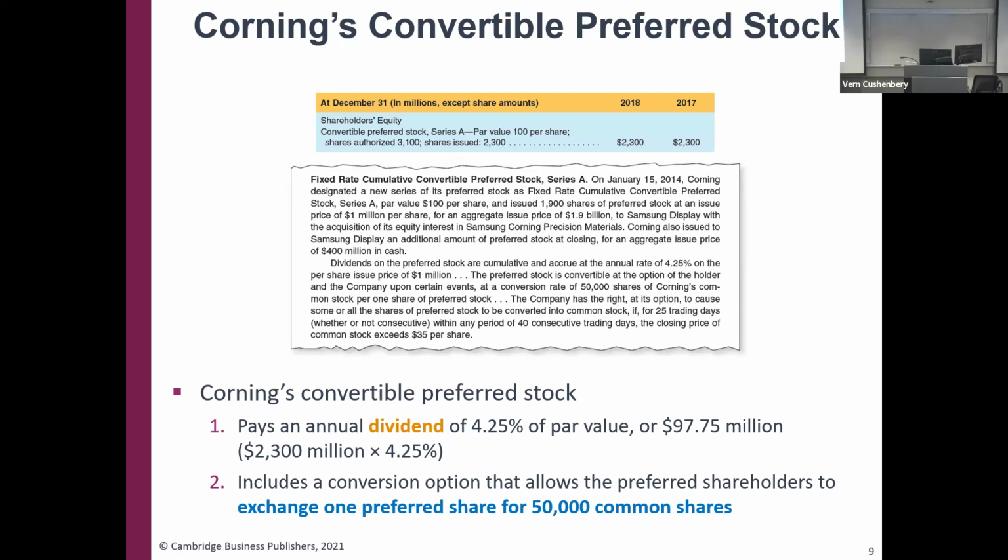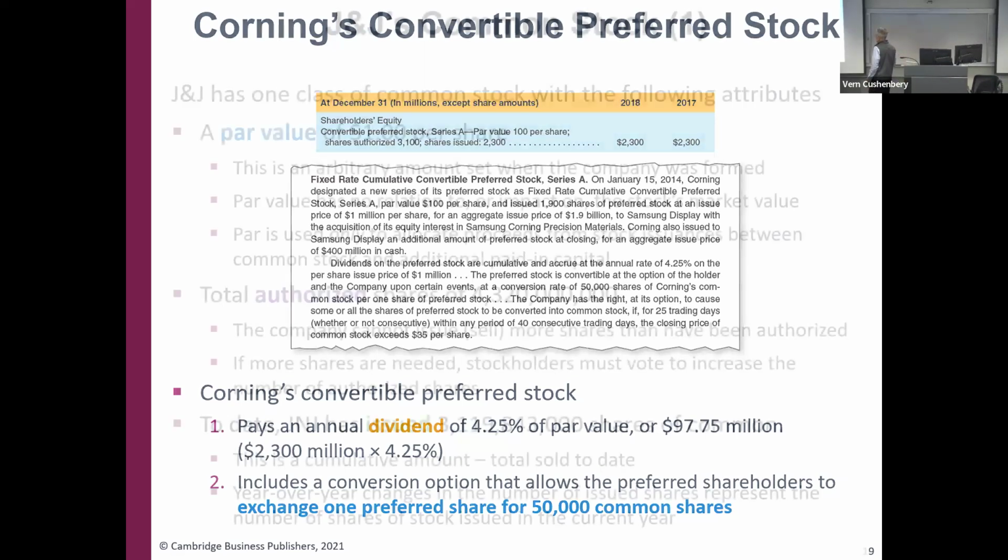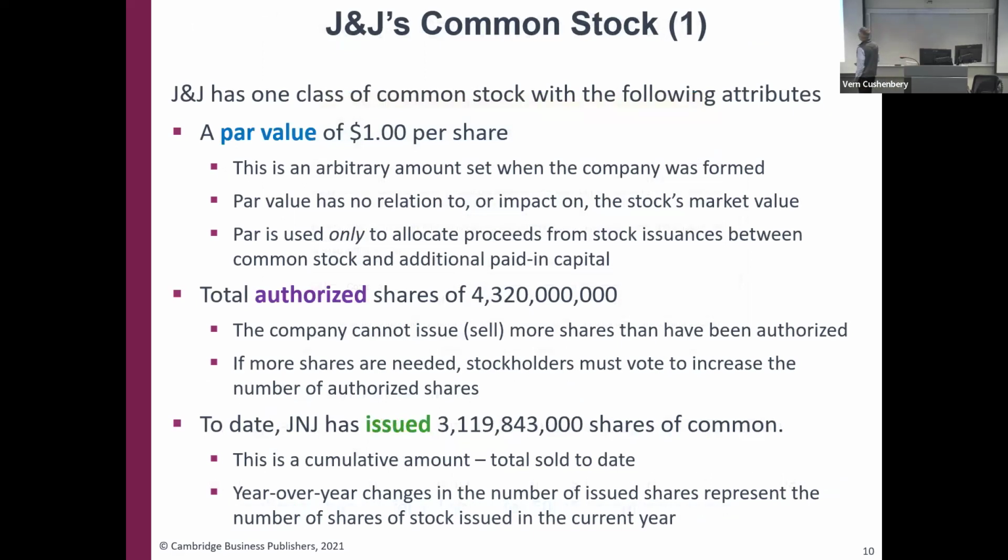If it trades at 50,000 times the common stock, or more, nobody's going to convert it. But if it trades at 40,000 times the common stock, then you're going to convert it, sell it, and you will have immediately made 25% on your money. So that's how those two things are tied to each other and how they will ultimately trade together.